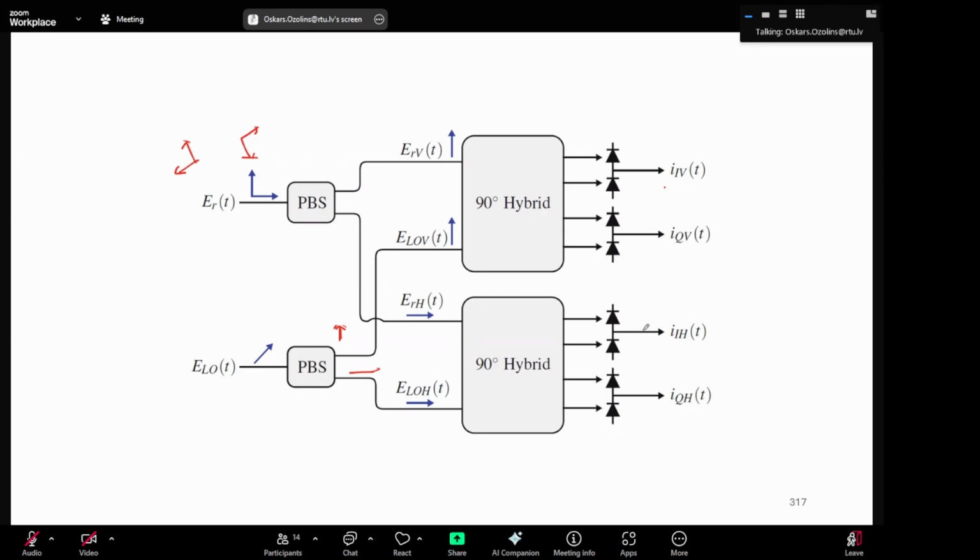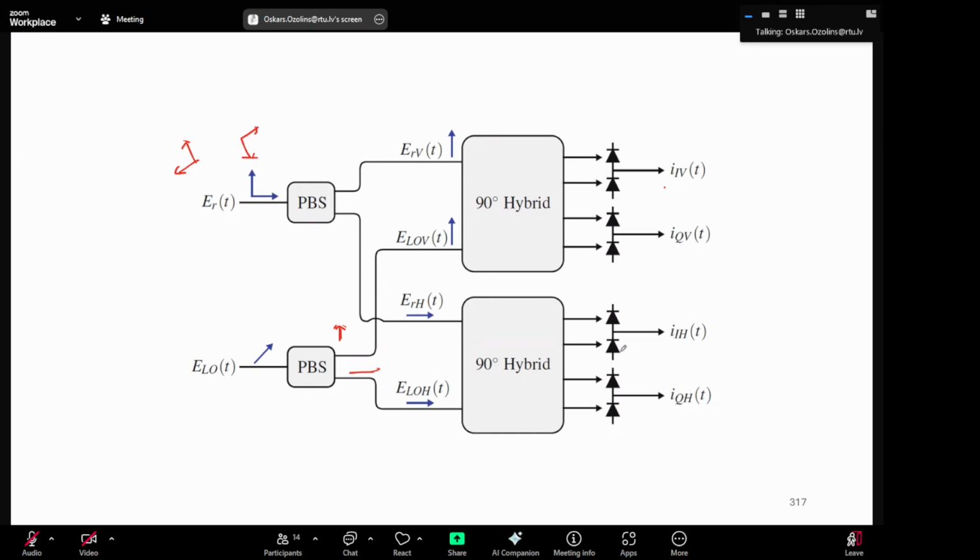And that is the beauty of coherent systems, because you have access to amplitude and phase, and that also gives different possibilities mathematically for what you can do with these signals. So you can compensate for impairments in this way.